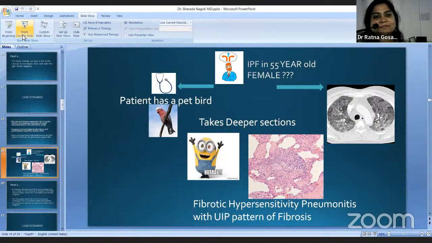Let's say the patient doesn't fit the right demographics for India. She's a 55-year-old lady. So you would think about autoimmune disease, or you would think about some kind of exposure, right? Before going to biopsy, the patient would have seen a pulmonologist, right?